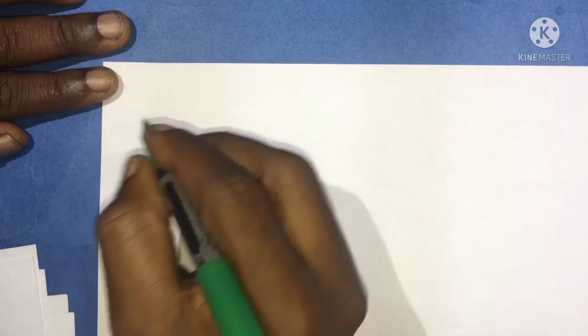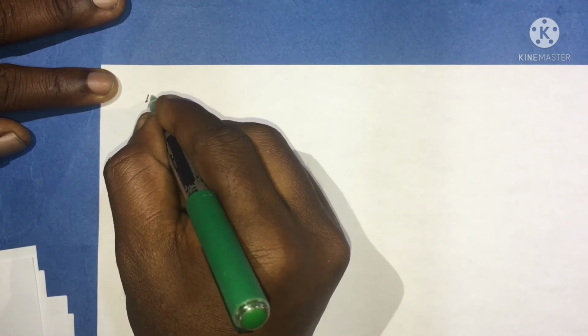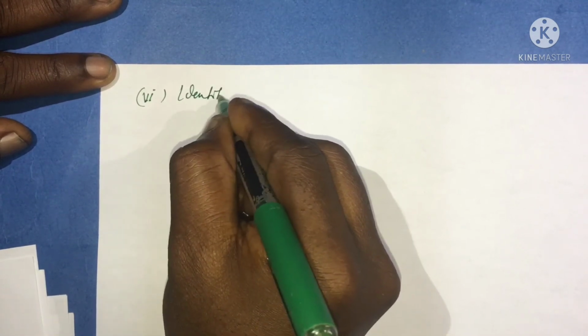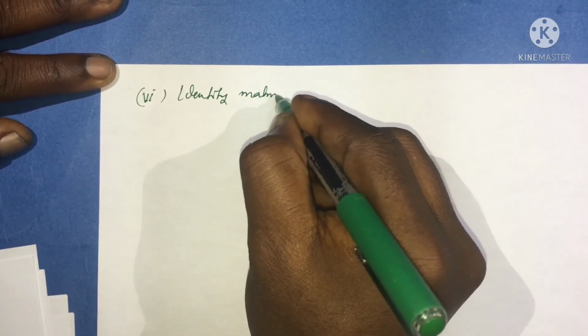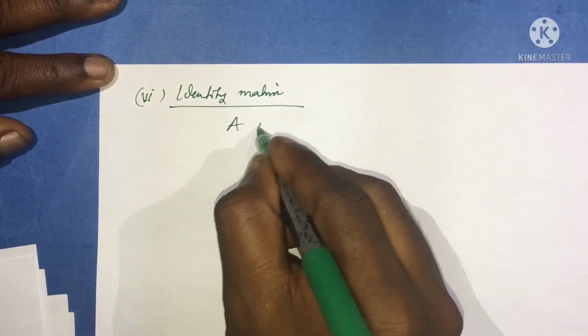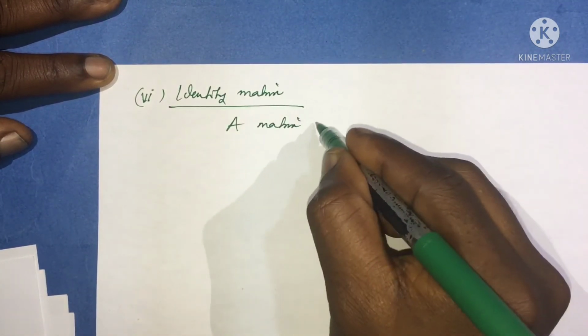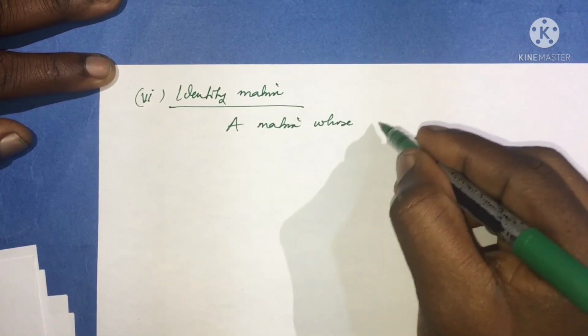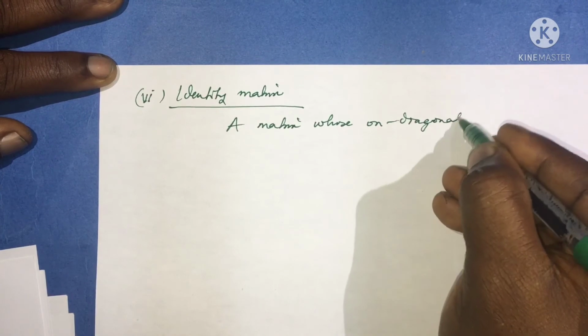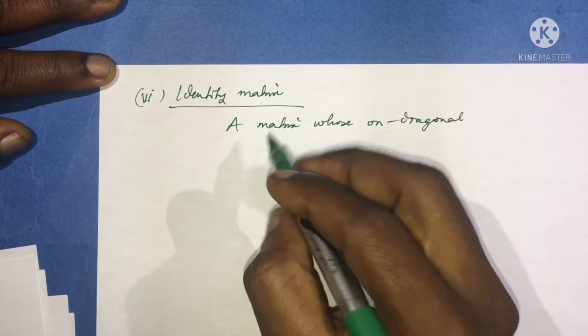Now the identity matrix can be defined as a matrix whose on-diagonal elements, let me even adjust this a little bit.